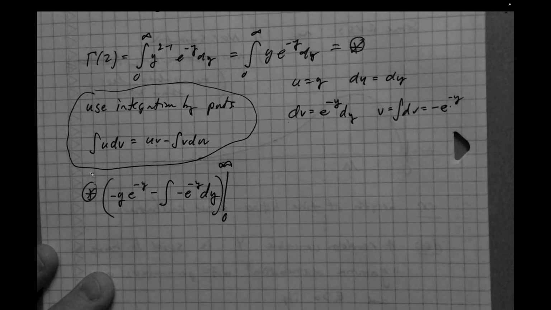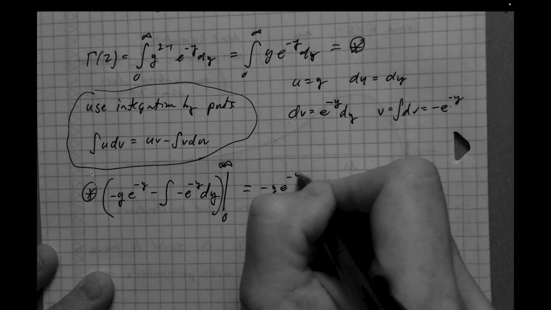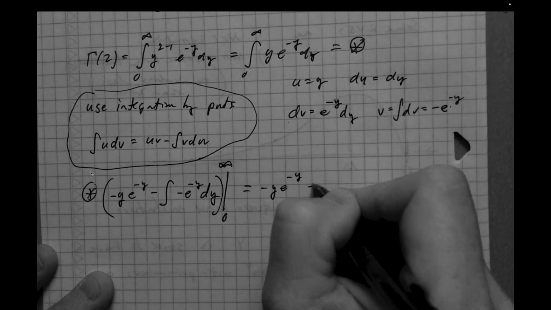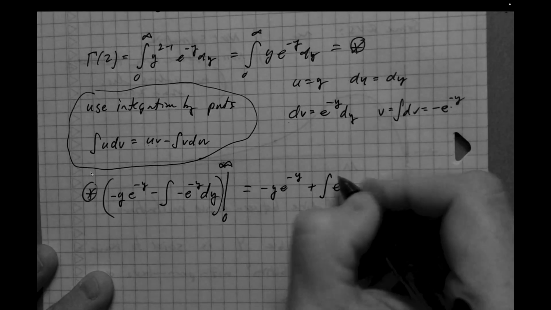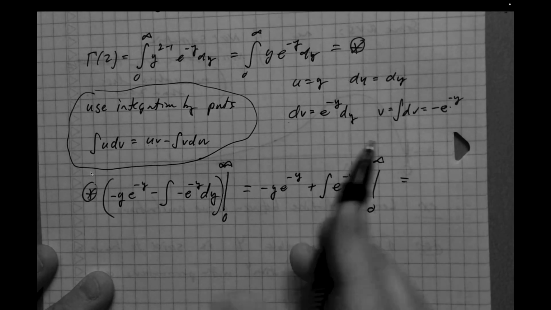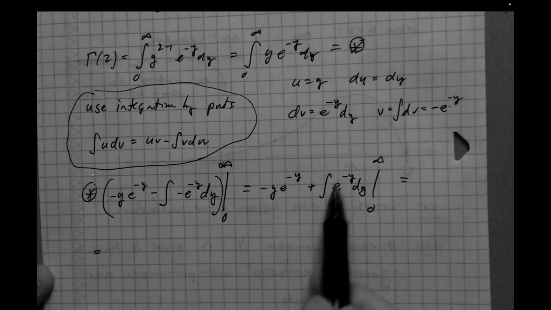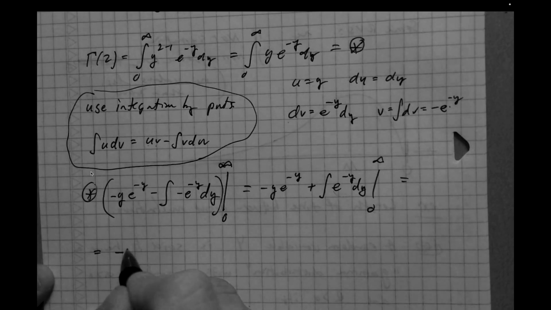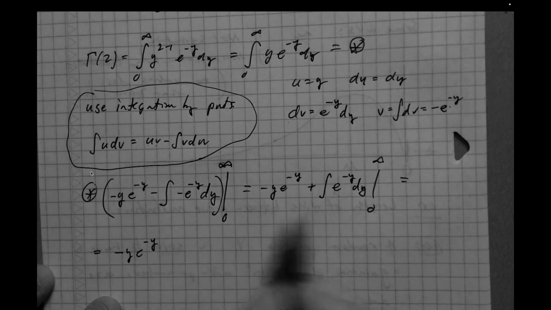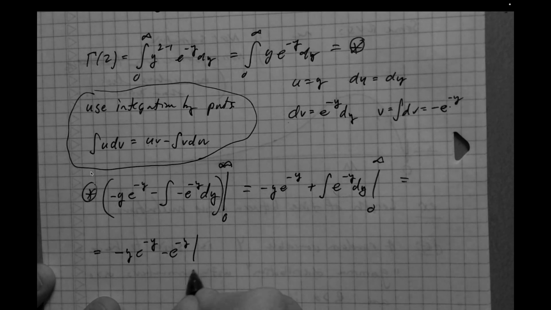All right, so we can clean this up just a little bit. We get negative y e to the negative y, plus the integral of e to the negative y dy, from 0 to infinity. And of course, that's very similar to what we saw before, isn't it? So negative y e to the negative y, and then minus e to the negative y, and this time we evaluate from 0 to infinity.